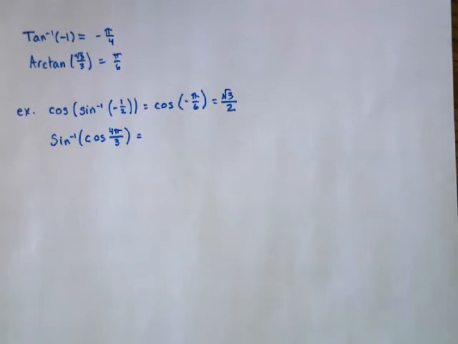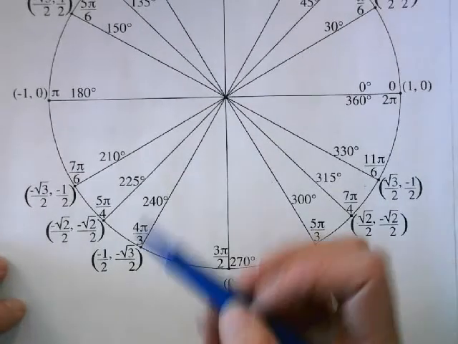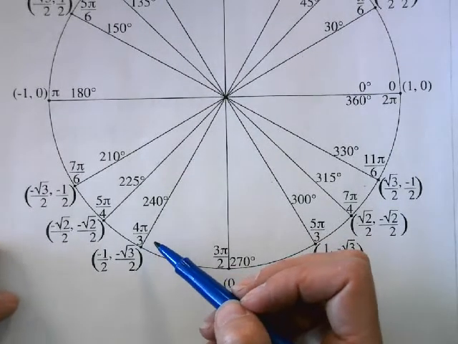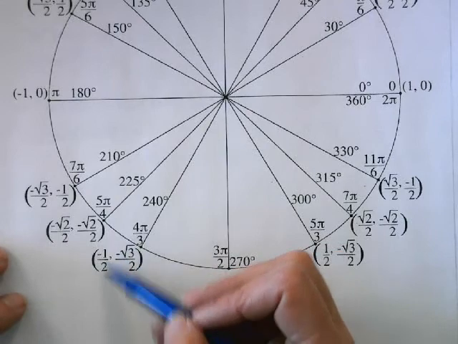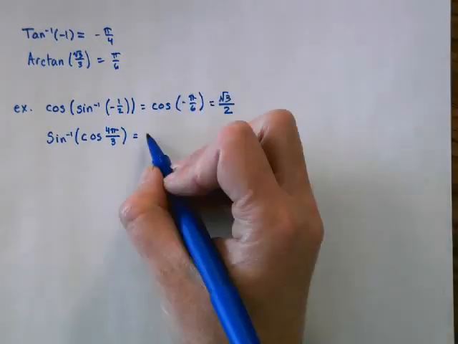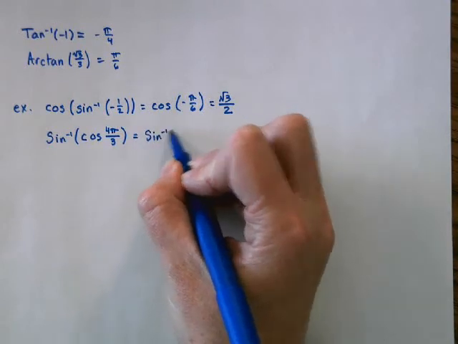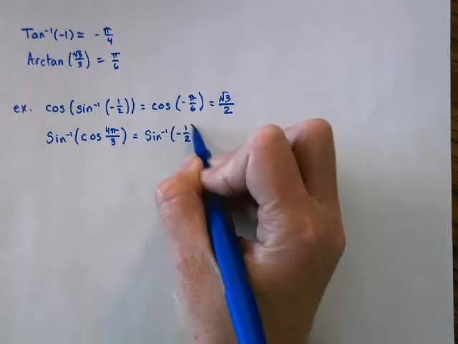So we have sine inverse of the cosine of 4 pi over 3. Starting on the inside, we're evaluating just a regular old trig function. So I'm going to take out my big unit circle, look at 4 pi over 3, and the x value for cosine there is negative 1/2. So this is going to be the sine inverse of negative 1/2.